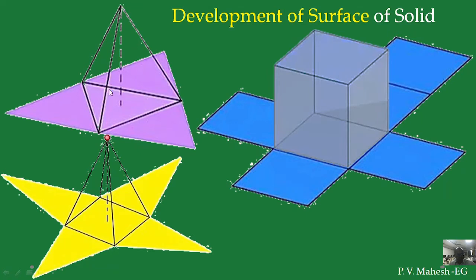Here four triangles and a square, so the total 5 surfaces are there. Now here we have 6 surfaces, so all the 6 surfaces are opened by cutting at the edges. That is the meaning of development of surfaces.